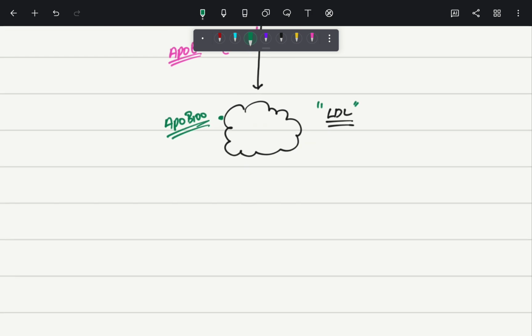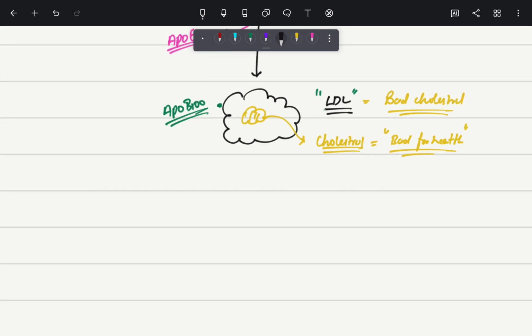And what is the lipid content of low density lipoprotein? It will contain only cholesterol. And this cholesterol is bad for your health. Hence, LDL is considered bad cholesterol.